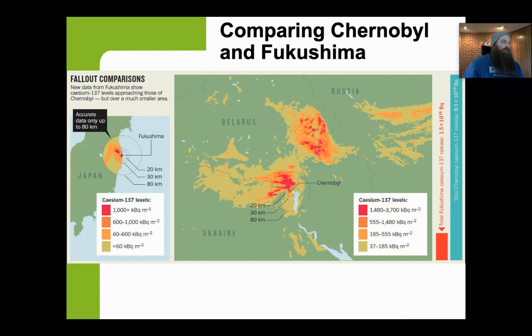You can see that Fukushima had similar amounts, but in a much smaller, more focused area compared to Chernobyl, which got these great big red areas in multiple places, which is not great. You can also see over here that Fukushima actually had, overall, much lower exposure of cesium-137, which is a good thing, okay?